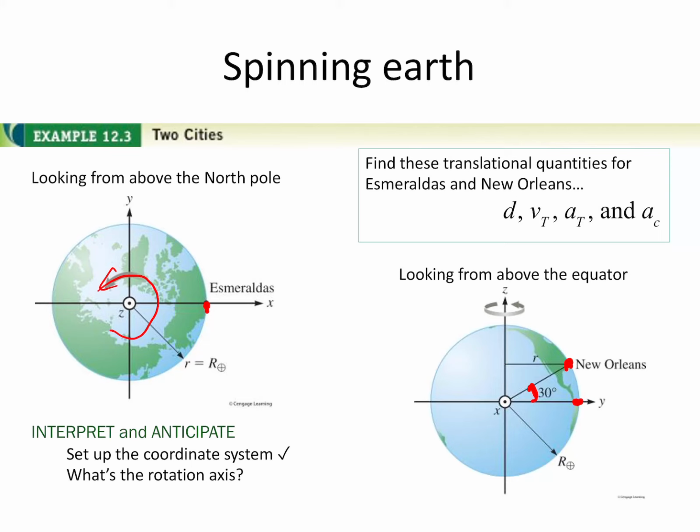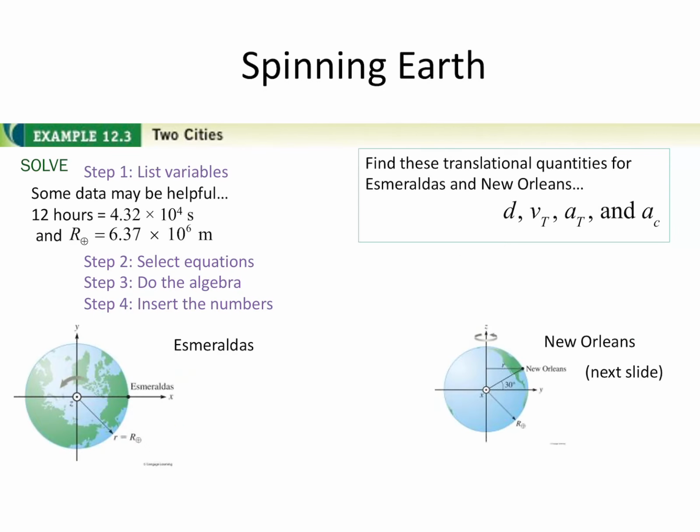What will be the linear motion quantities for those two cities? What we know is our Earth rotates around the North Pole for one circle in 24 hours.